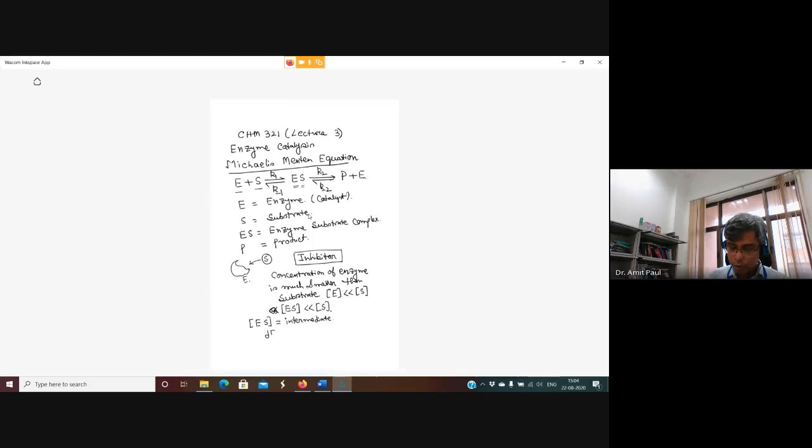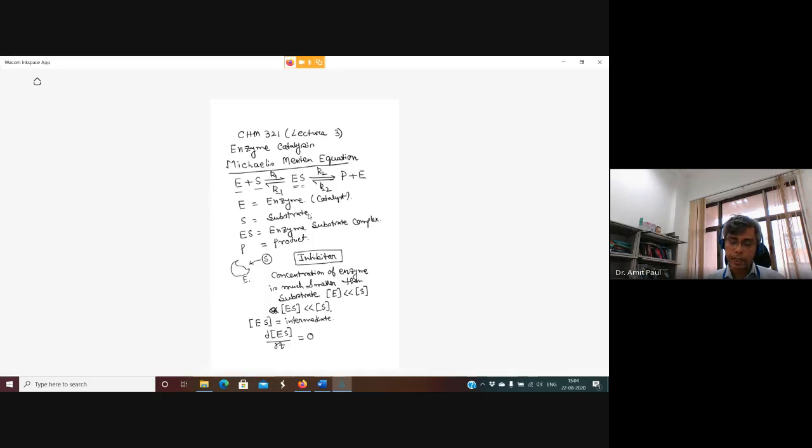What is the important thing about steady state approximation, what is our formula? d[ES]/dt is equal to 0, meaning the change in concentration of the intermediate is not really high.